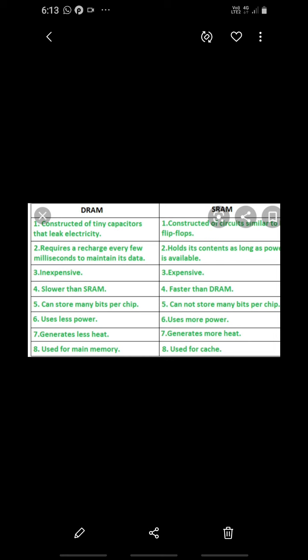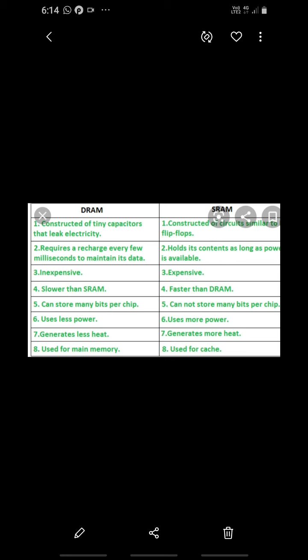DRAM is constructed of capacitors that leak electricity, and requires a recharge every few milliseconds to maintain its data. SRAM is constructed of circuits similar to flip-flops, and holds its contents as long as power is available.